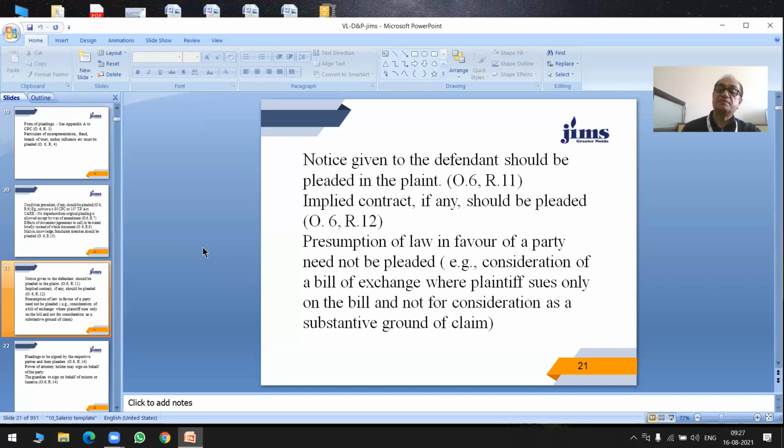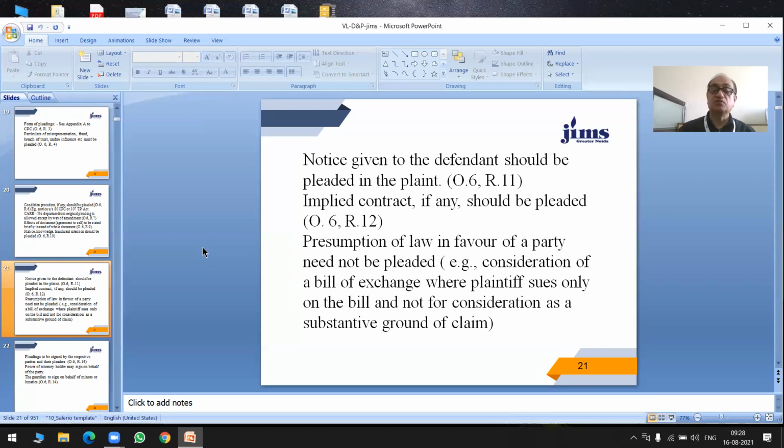So the paragraph relating to consideration of a bill of exchange, where the plaintiff sues only on the bill and not on the consideration as a substantive ground of claim, this presumption of law in favor of a party need not be pleaded. Neither law is to be pleaded, nor the presumption of law is to be pleaded.